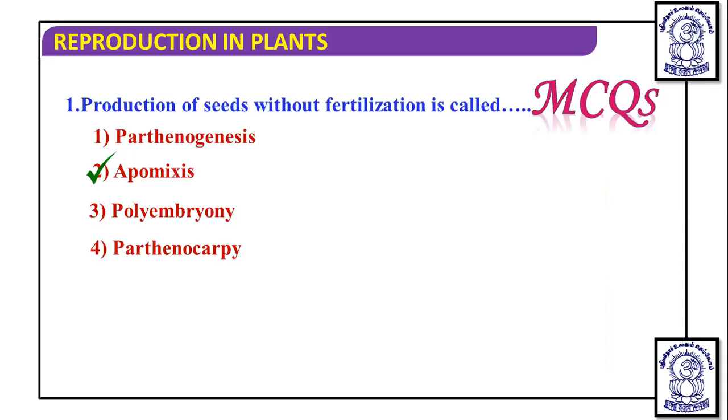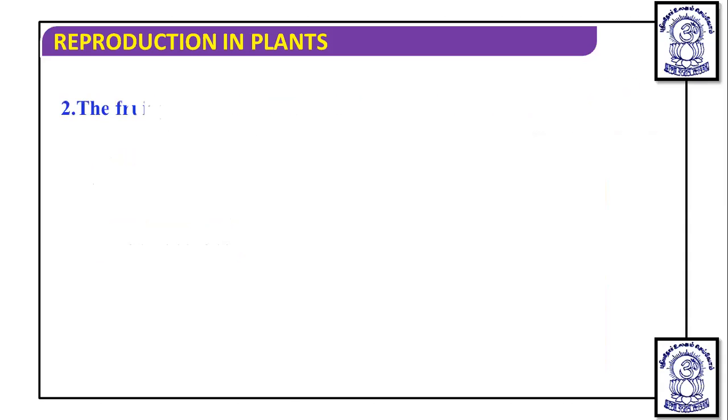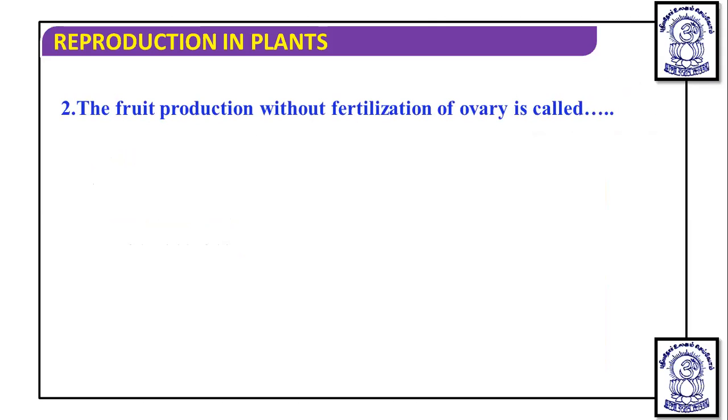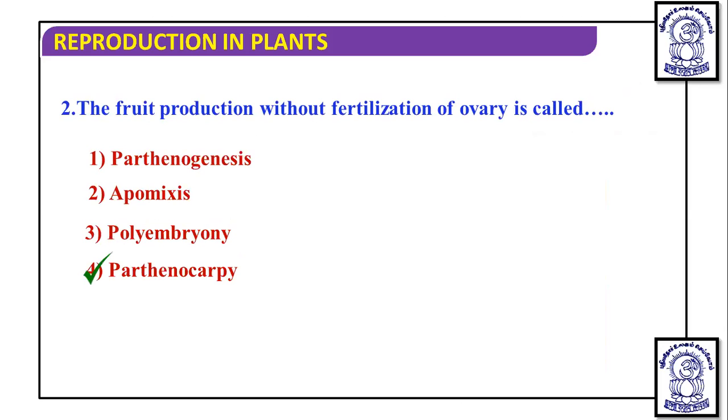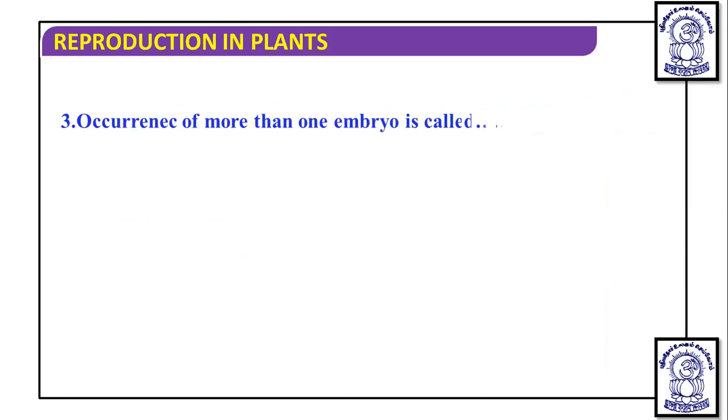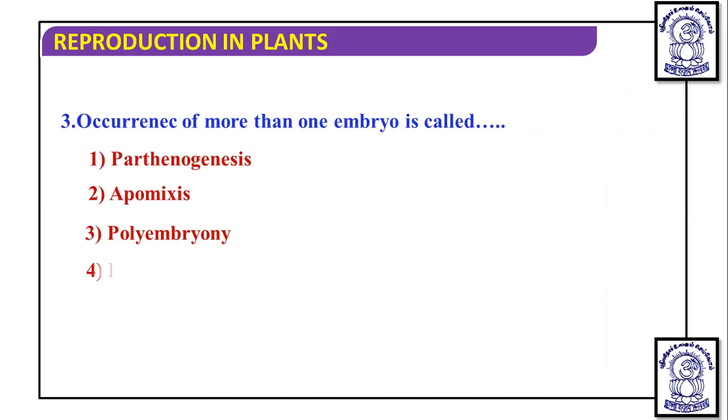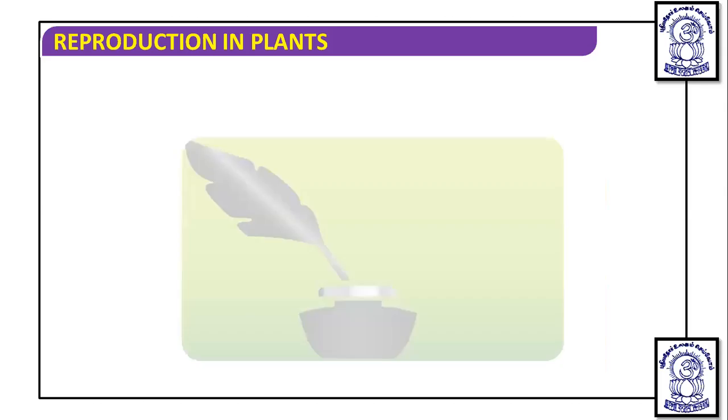Polyembryony is multiple embryos. Parthenocarpy is a seedless fruit. Fruit production without fertilization of the ovary is called parthenocarpy, and if fruits are produced without fertilization, they are going to be seedless. Occurrence of more than one embryo is called polyembryony, and we have studied the types.